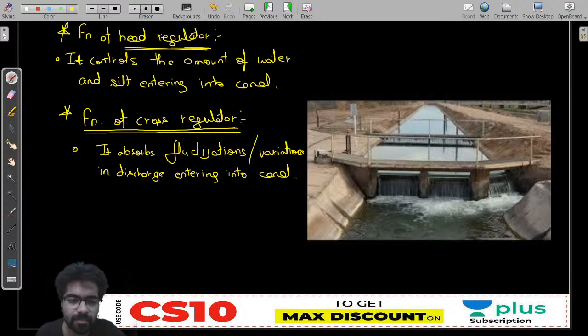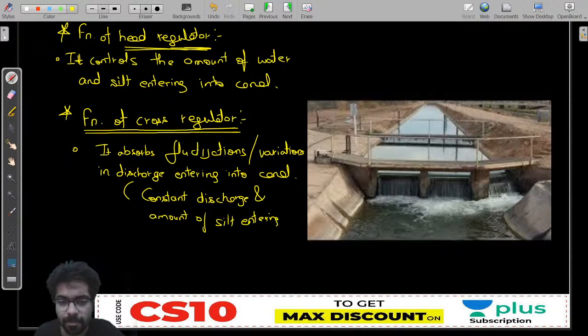Or you can say constant discharge in the canal, or whatever discharge you want can be controlled with the help of the cross regulator. Constant discharge and the amount of silt entering into the canal can be controlled.